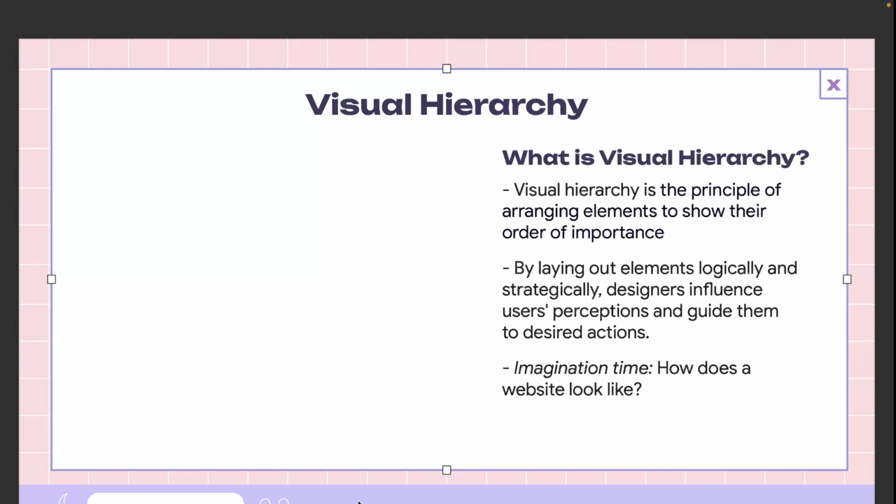So how does a website look like? Just close your eyes for a second. Imagine how a website looks like. For example, yesterday I asked you to see LinkedIn, right? So how will LinkedIn look like? Just keep it in your mind.